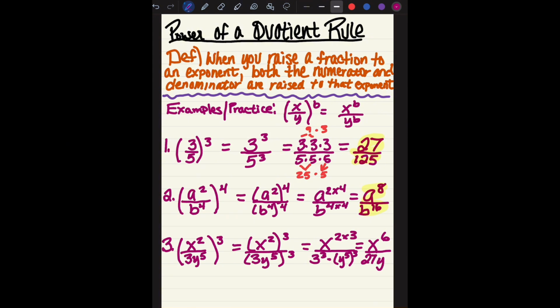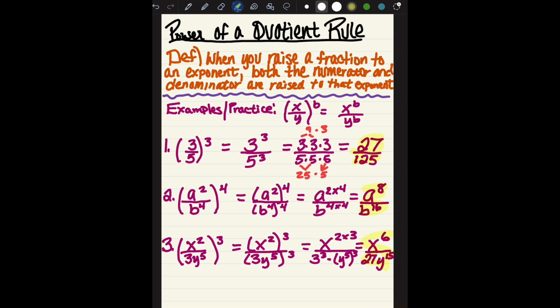Then we've got 5 times 3 equals 15. So our answer for number 3, it's going to be a lot: x to the 6th power over 27y to the 15th power.